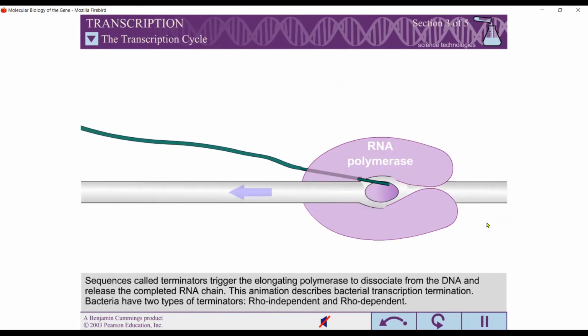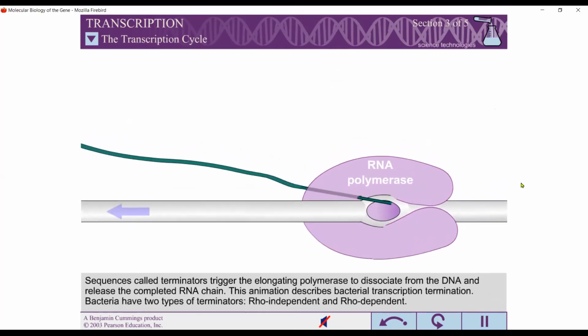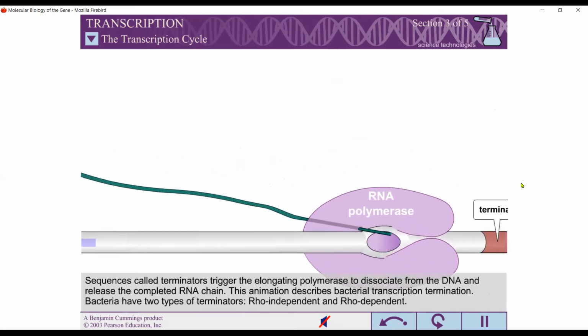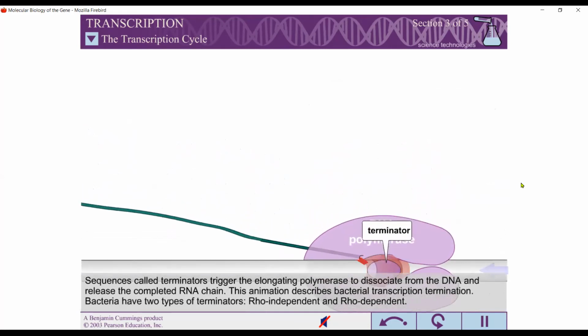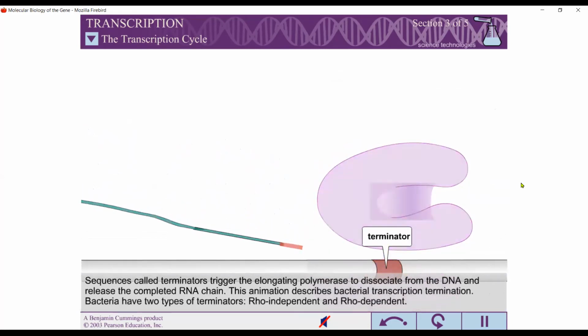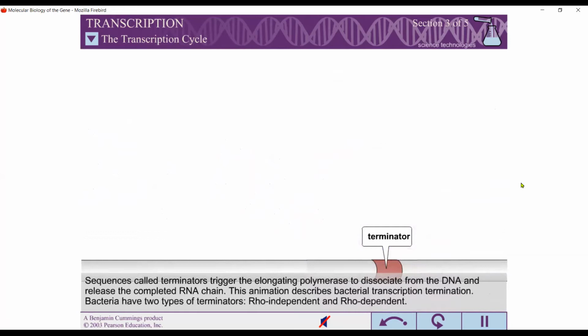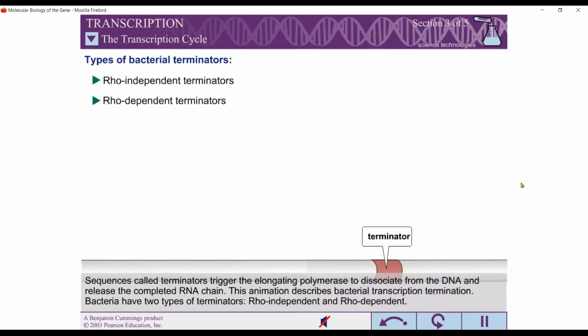So the elongation phase continues. And ultimately, the polymerase reaches the terminator region. As studied yesterday, there are two types of terminators: rho-dependent terminators and rho-independent terminators. We studied this yesterday.